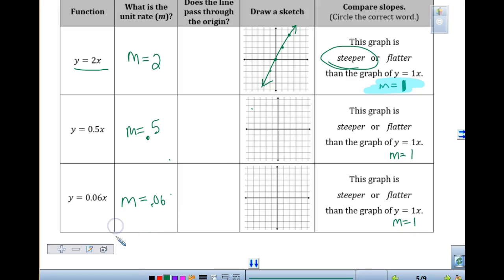And the question was, do each of them pass through our origin? Yep, every single one of them. These are proportional relationships, right? Proportional relationships on our quiz, y equals, please write right below that 0.06, our unit rate.